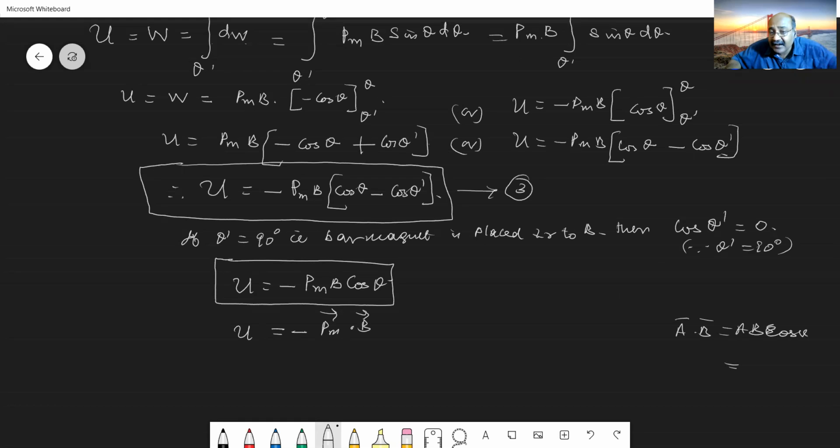Here I am having Pm into B into cos theta, so Pm B cos theta can be written as Pm vector dot B vector. So I have written potential energy as the dot product of two vectors, which is a scalar quantity: minus Pm dot B vector.